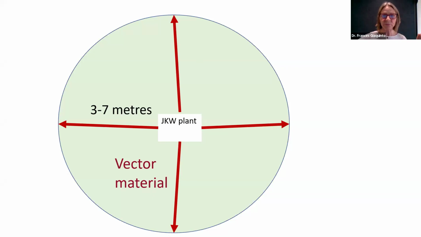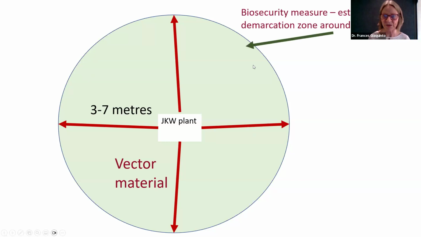Okay, and this is really important: all around a Japanese knotweed plant, where you can't see because it's in the ground, in the soil, there's likely to be a very extensive rhizome system, and you mustn't disturb that. This is the key point about preventing dispersal. Don't disturb the soil or the ground around a plant. This whole area is a kind of demarcation zone, okay? All of this is what's known as vector material, part of the legislation.